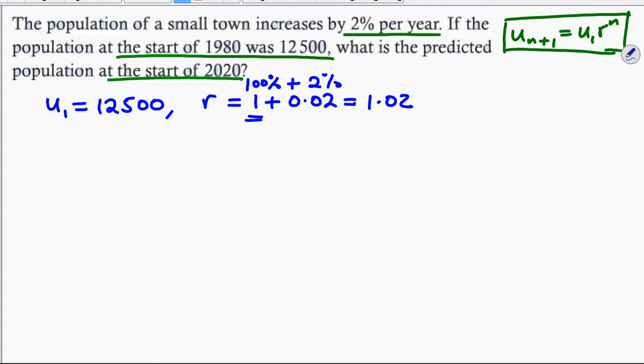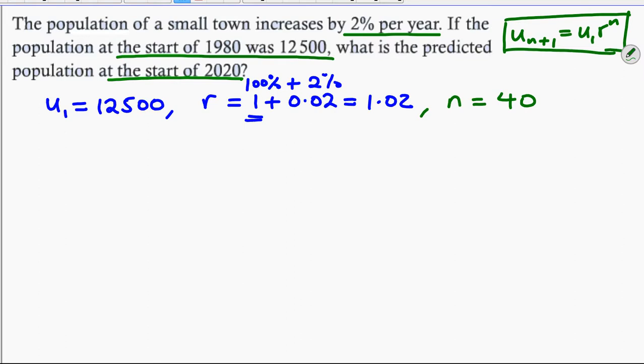So we have U1, we have R. Now we need what n is. This is from 1980 to 2020, so that's almost 40 years. n is equal to 40.